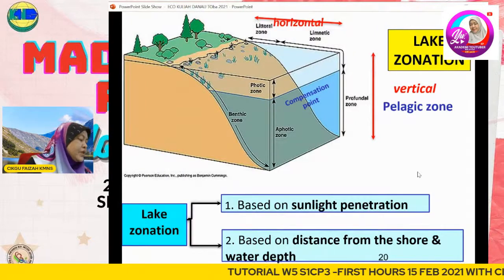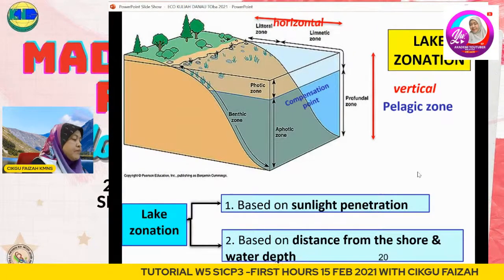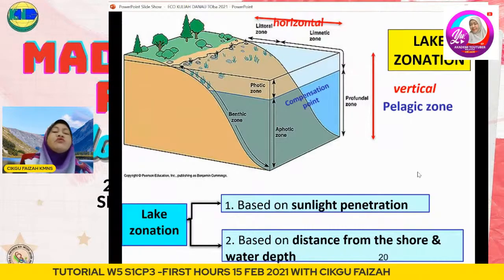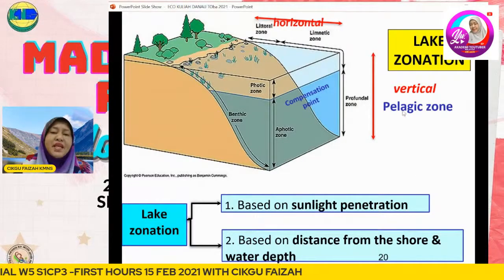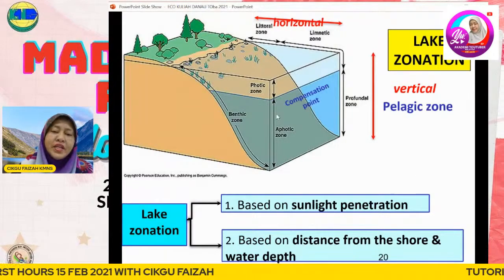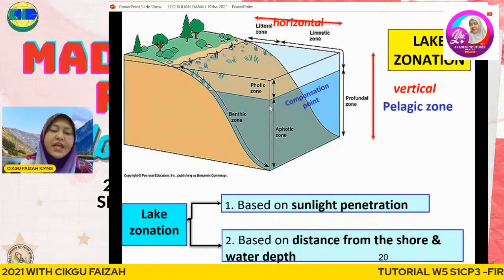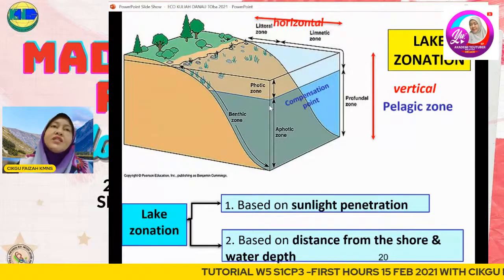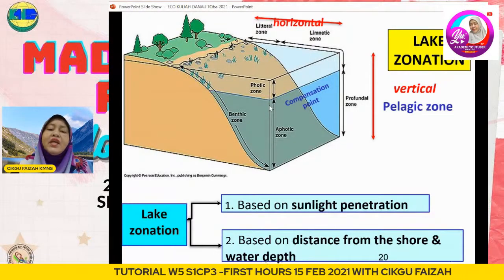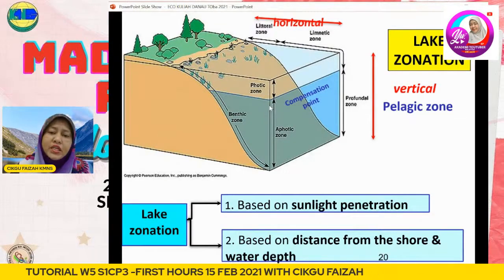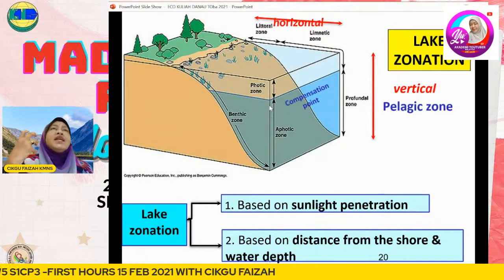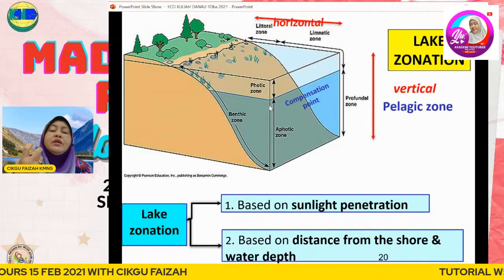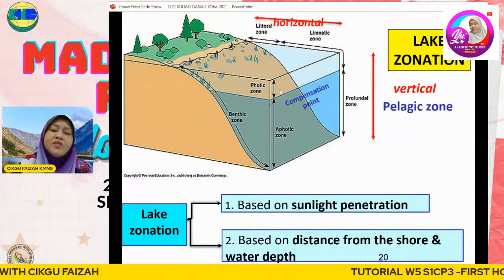So when teacher says biotic component, of course it is all the living organisms that live in this lentic water. And when teacher says abiotic, like teacher just mentioned in class, it is the light penetration and the acidity of this water.